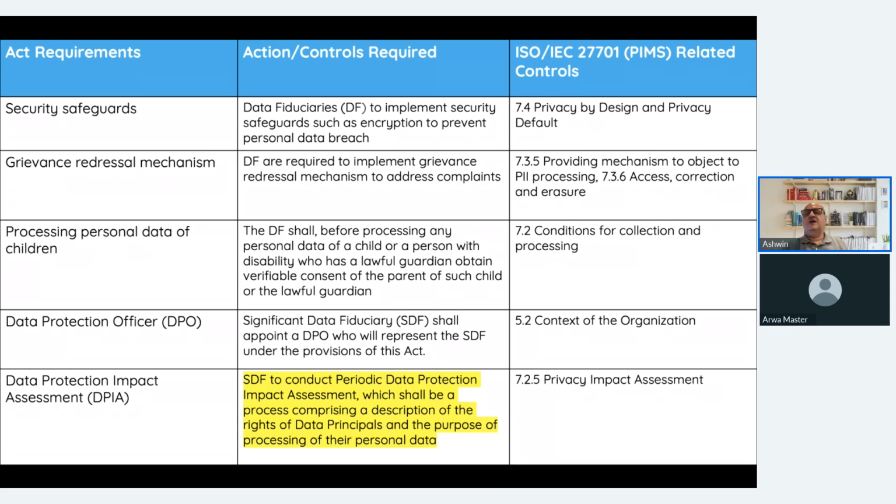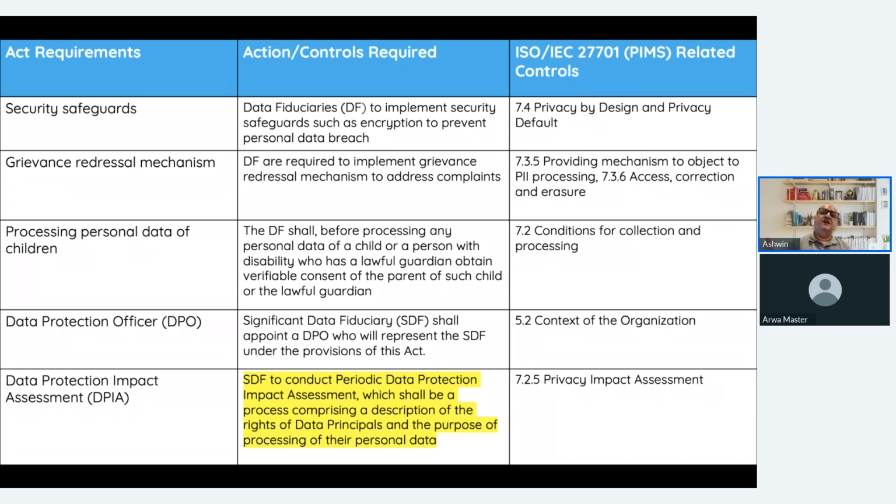Whether it's GDPR or the New York Privacy Act or California Privacy Act or Colorado Privacy Act or across the world, this is a framework which helps you to comply with the majority of the acts, not just the DPDP Act. So one implementation of the 27701 framework will help you comply with multiple laws across the globe, at least 70 to 80% of these requirements, and then you'll need to tweak for the specific requirements of each act, which is not a major factor.